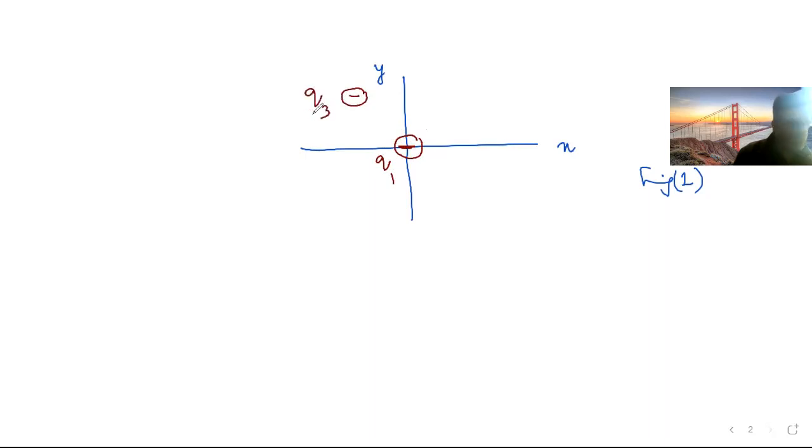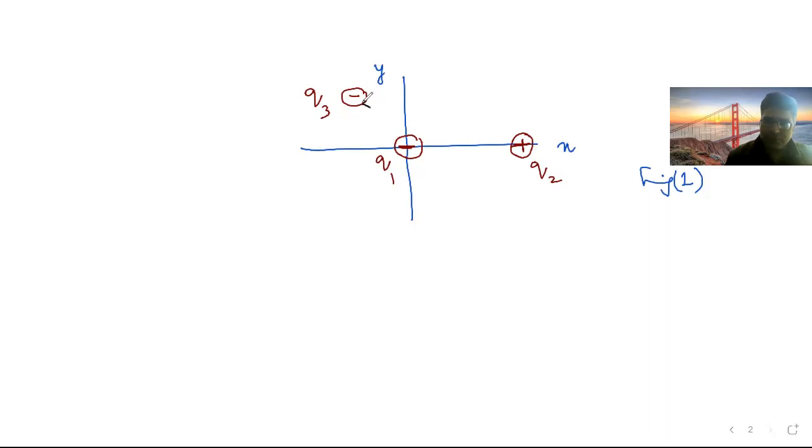This is Q3. And I have another charge here. It is a positive charge. This is Q2. And we use another color.